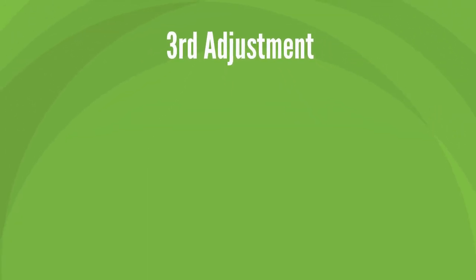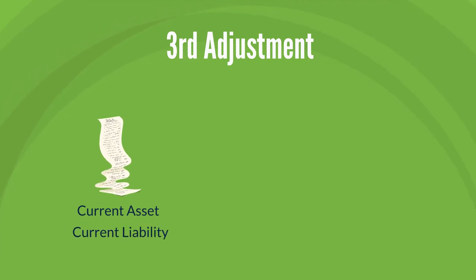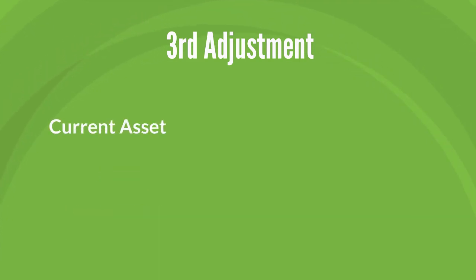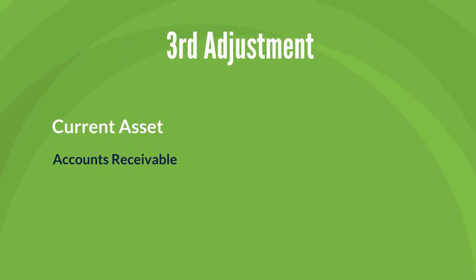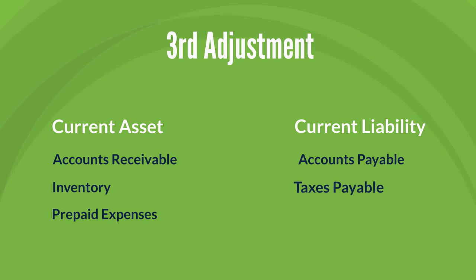Number 3. Changes in non-cash current asset and current liability accounts. Current asset accounts include accounts receivable, inventory, prepaid expenses, and more. Current liability accounts include accounts payable, taxes payable, and more.